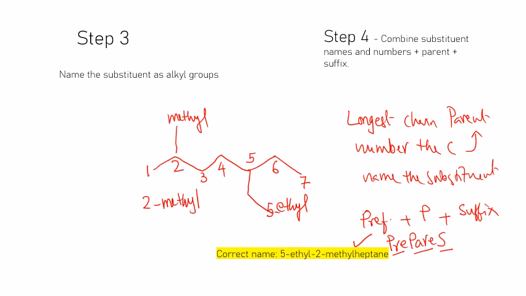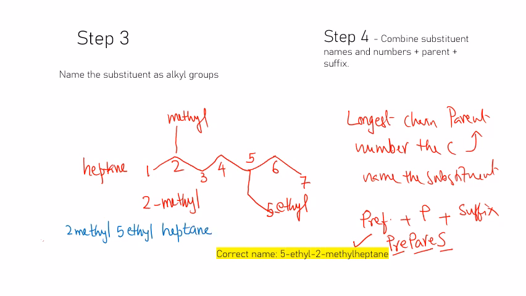Okay, and then I have the parent chain, which is 7 carbons, meaning heptane, right? That's all I need. So the prefix is the substituent. So I have 2 methyl, just picking a different color. I have 2 methyl, and I have 5 ethyl, and then the parent chain is heptane. The suffix is, since it is an alkane, heptane.